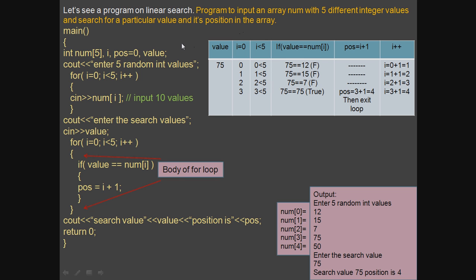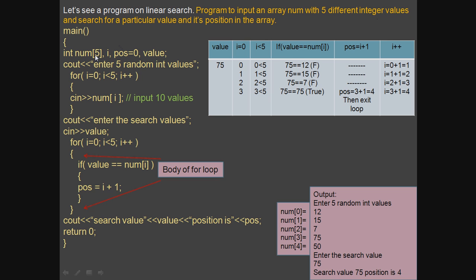Based on that, if you see the program, after the main function, within the main function body, the variables are declared. Here num, because the program question says array num. Since this array num is used to declare 5 different integer variables, the subscript here is 5.